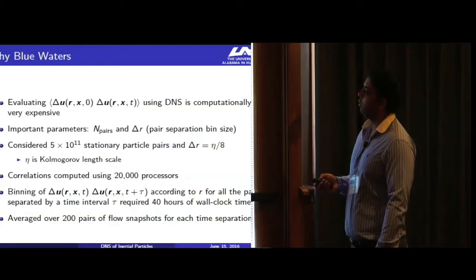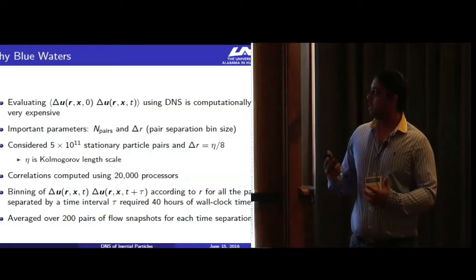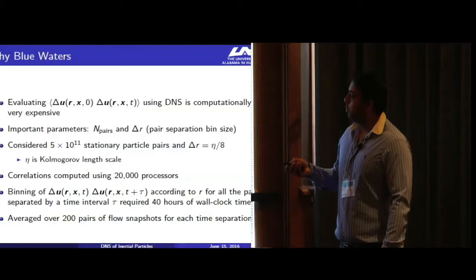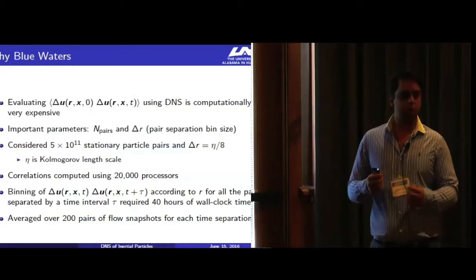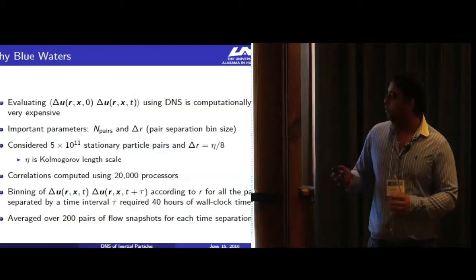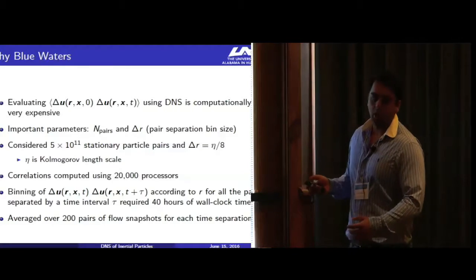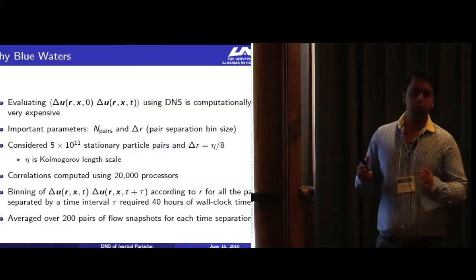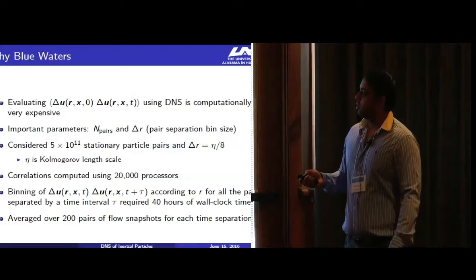Let me try to tell you how computationally expensive this is. In order to compute this product of fluid relative velocity at particle locations over all the half a trillion pairs, having a time separation of tau, it required us 40 hours of wall clock time for a given time separation tau.